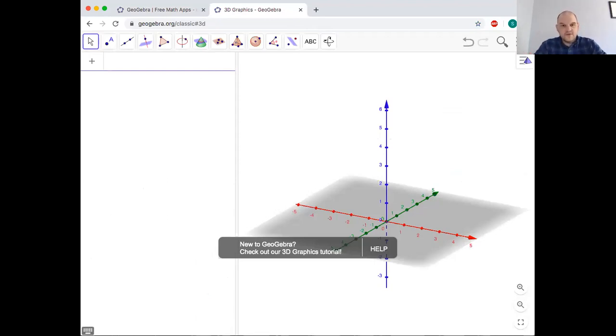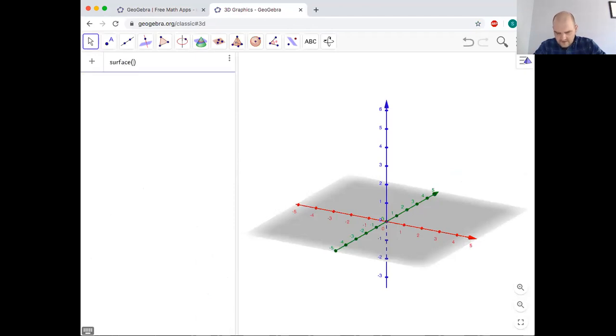Here I go. So it's going to be surface, and the surface is going to be the quantity V minus 4 over negative 2 cosine of t, comma, V, comma, V minus 4 over negative 2 sine of t. All right, so V can go from 0 to 4, because that's what Y can do.